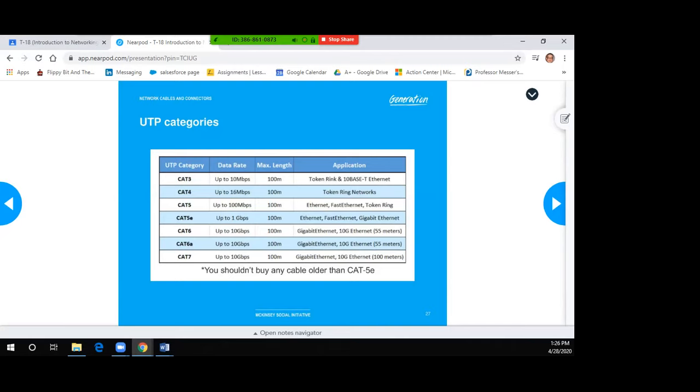And you wouldn't want to buy anything that's Cat 5 or below, or 5E more or less. 5E, because you're not going to have gigabit Ethernet until you get to 5E. That's when you actually have gigabit Ethernet. And besides that, nowadays we're already up to 7. If you buy anything cheaper than that, you're basically throwing your money out the window.